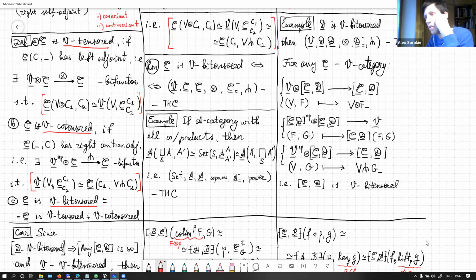Here is an example. I think I gave this example already once, but I decided to give it again. Now, in light of everything that I said, it should be more illuminating. So if A is a category with all coproducts, a regular category, just not an enriched one, then we have the following adjunction.